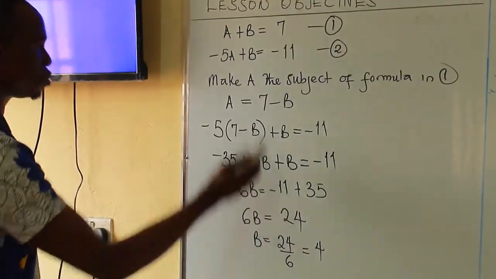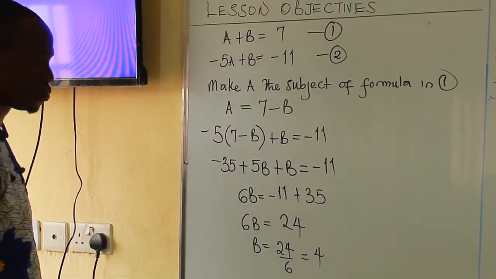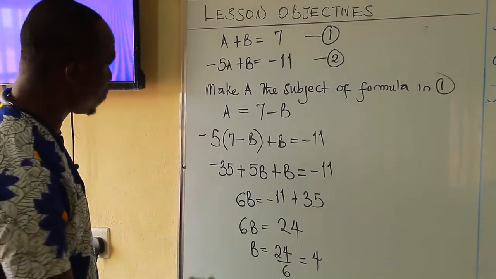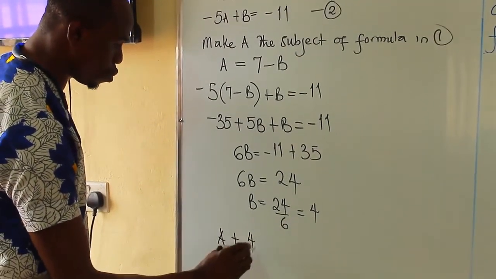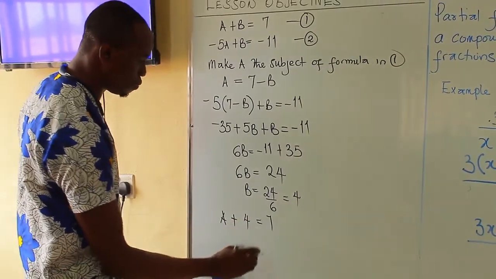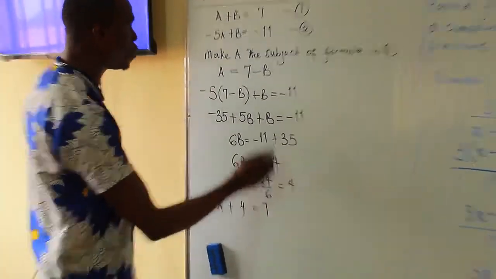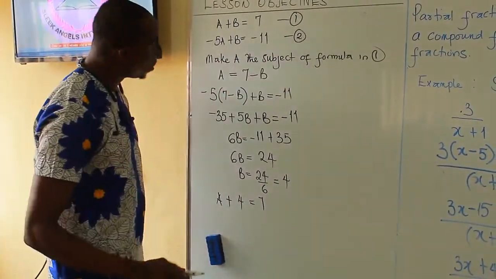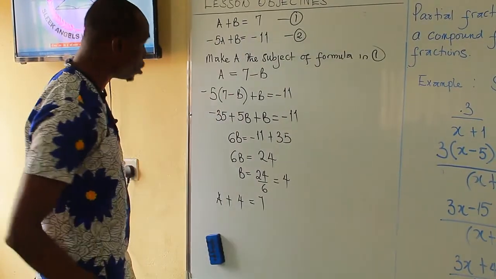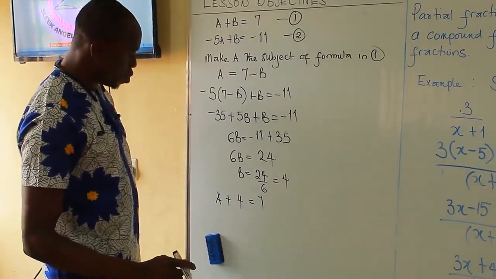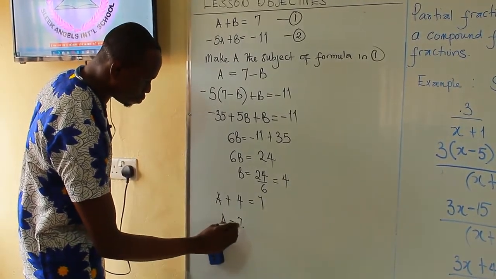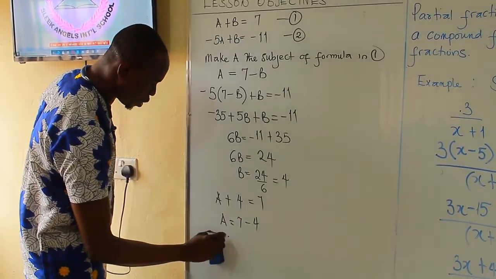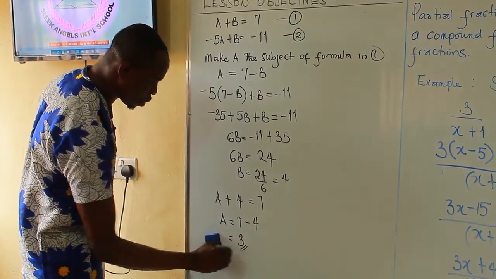It is left for me to find the value of a. So I will have a plus 4 to be equal to 7. I am substituting the value of b in any of the equations. I chose equation 1 to get this. So a becomes equal to 7 minus 4, and that's equal to 3.